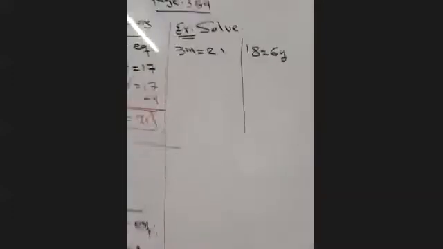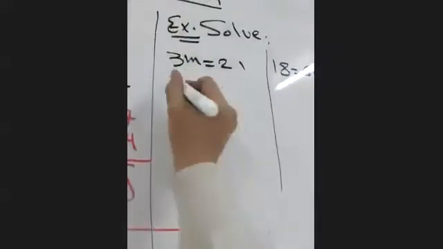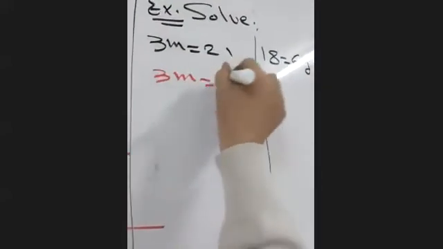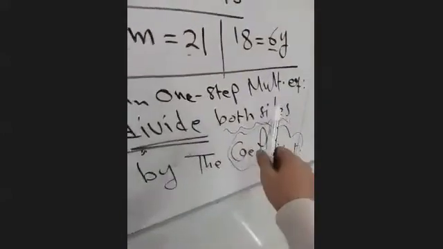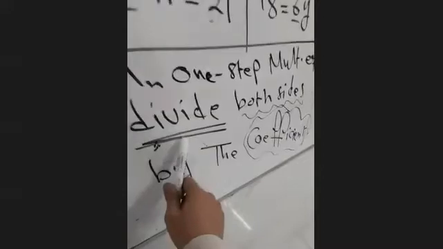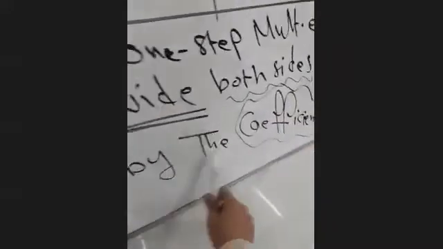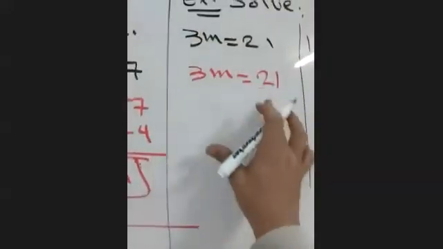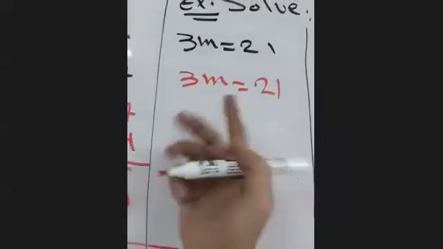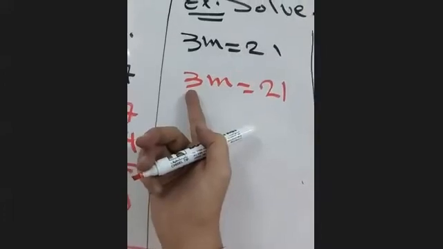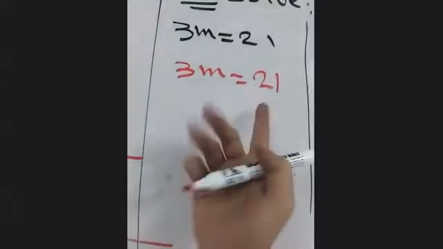The first step, rewrite the equation. 3m equals 21. Now let's read our note: in a one-step multiplication equation, divide both sides by the coefficient. Where is the coefficient here? It's 3. So we'll divide both sides by 3.